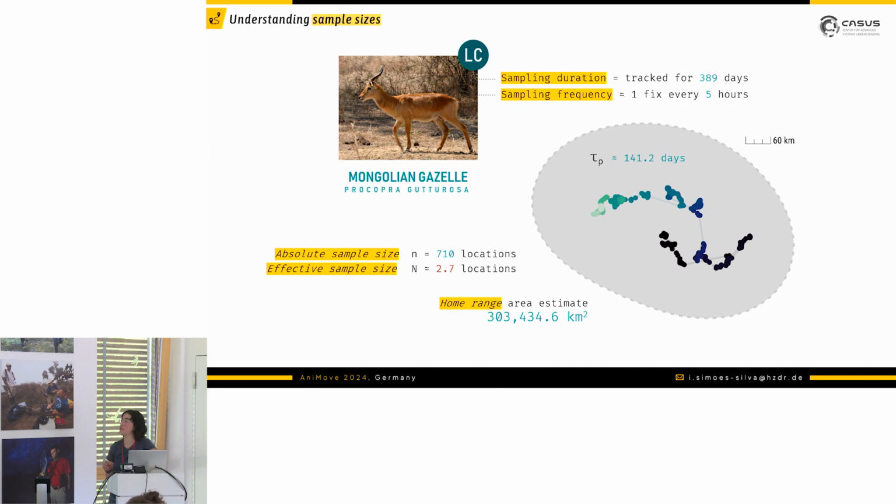And we'll also go through that, because obviously there are some ways within CTMM we can get a better estimate, even in these cases where we have very low effective sample sizes. But if you have effective sample sizes even smaller than this, then you can't really do much. No matter what you use, there's just no way to get a good estimate.